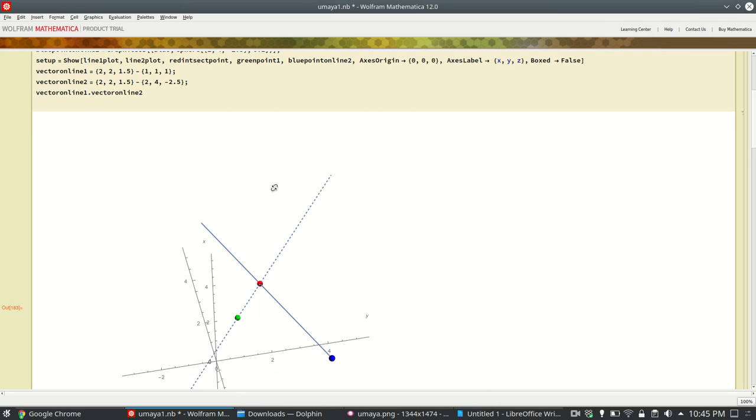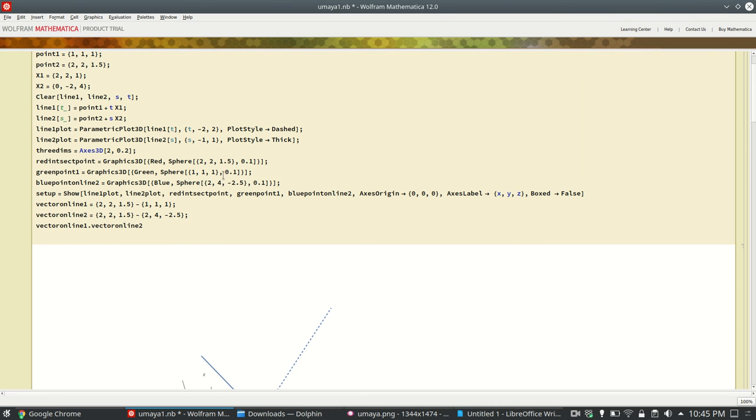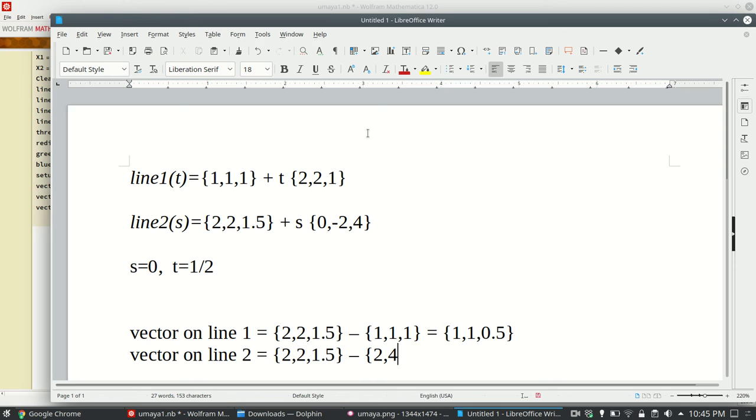To get a point on line 2, I just pick some easy s in between -1 and 1, and plug it into the line 2 equation, and I get a point. The point that I got was 2, 4, -2.5. That's the point that I use.